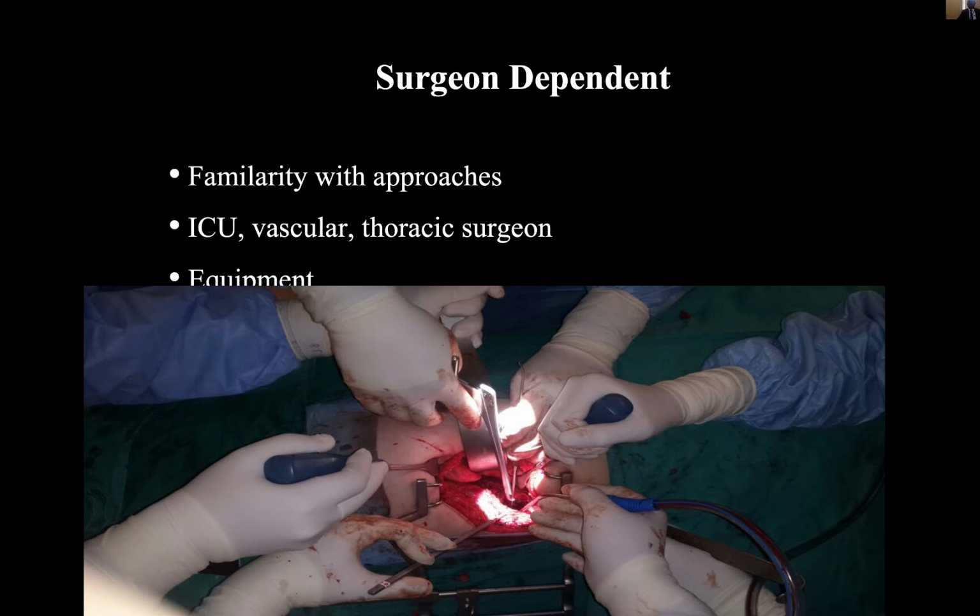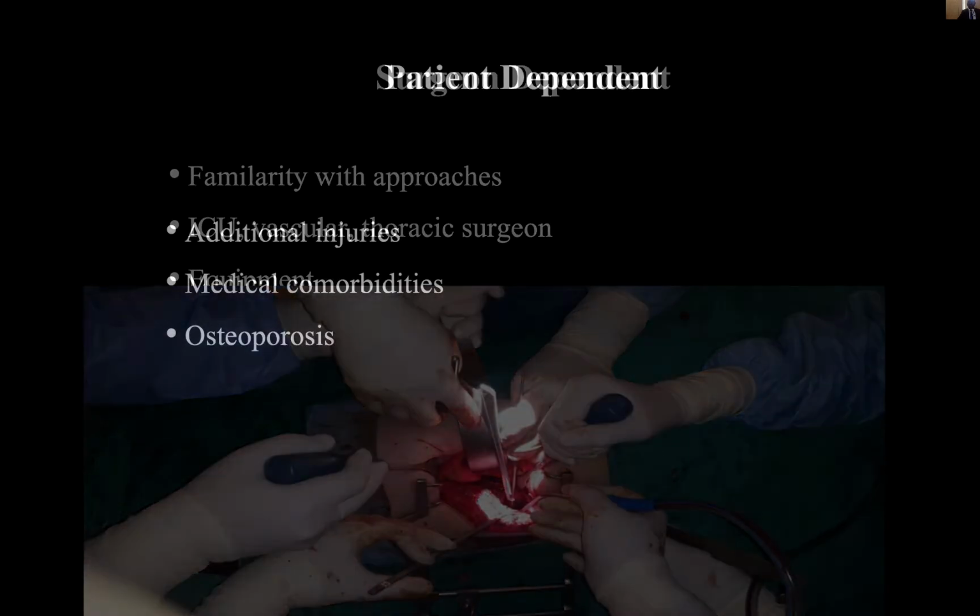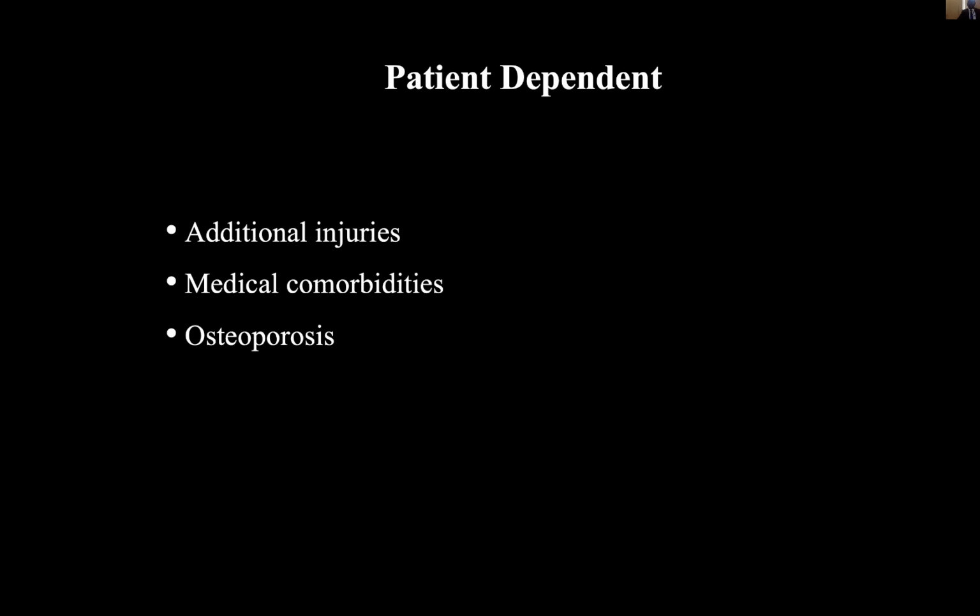This was a thoracolumbar junction fracture here. A pulmonary chest doctor was there, and a general surgeon was there. So if you have the team, you can do combined surgeries like that. Patient-dependent factors are additional injuries, medical comorbidities, and osteoporosis.